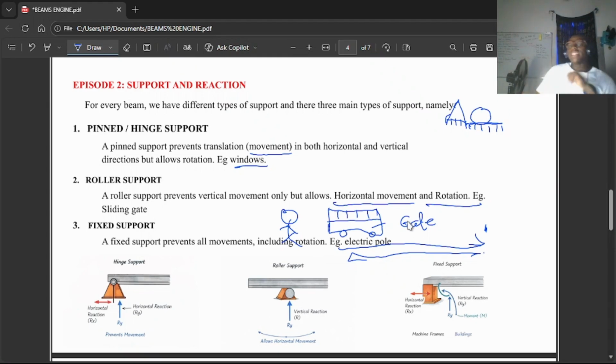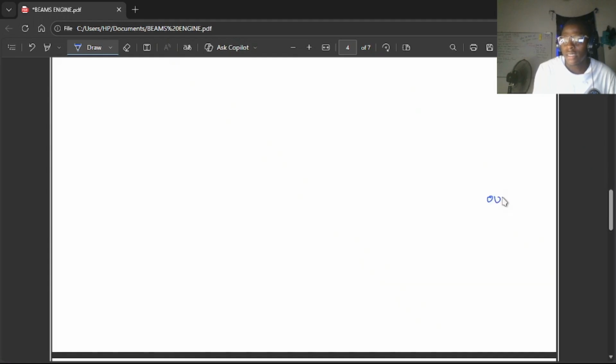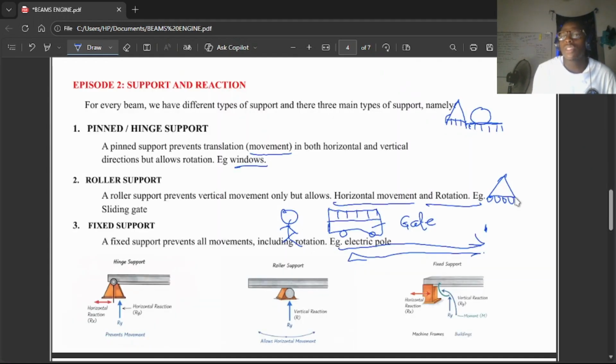Now, how do you identify a roller support in your exam booklet? Sometimes your roller support is drawn like this, so this is your roller support, or you see your roller support in this manner. You are going to have this as your roller support, this as your roller support.